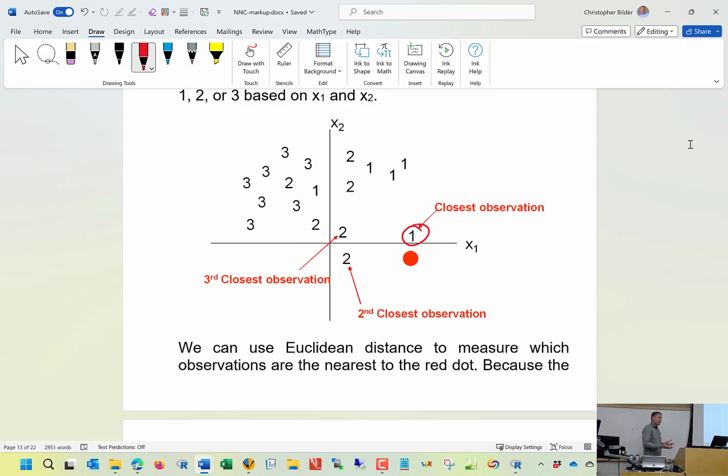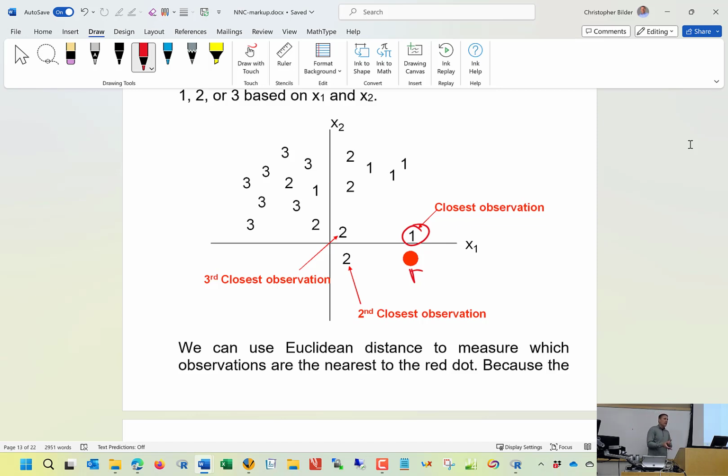The CV corresponds to cross-validation, meaning if this red dot was actually in my data set itself, it doesn't use the red dot in calculating the nearest neighbors. So essentially it removes the red dot from the data set and then looks at the remaining k nearest neighbors.